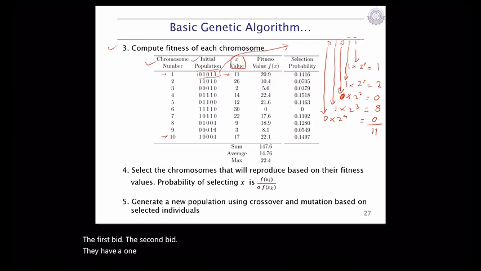So it means 1 plus 2 is 3. The remaining bits are 0. This one is 9 because of 1 plus 8. Only this one and this one.